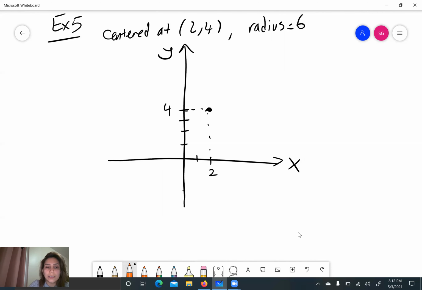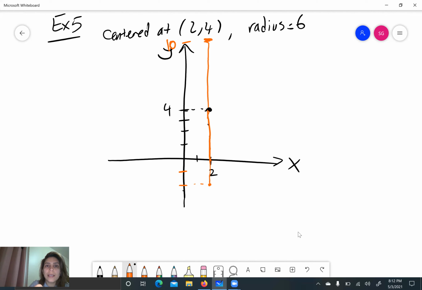So this is like 4, right? And then I need to come down 2 units, and then I need to go up 6 units as well. 6 plus 4 gives me 10. Suppose this is 10, I should go over here.